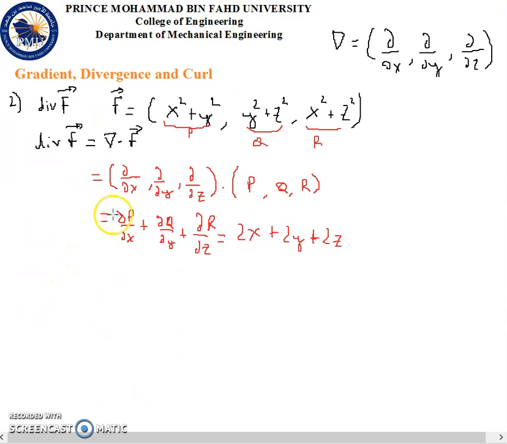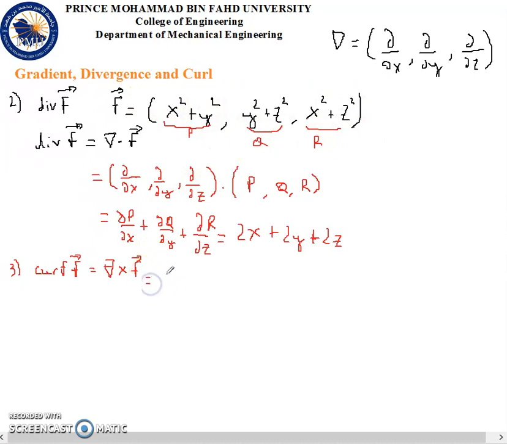Okay, moving now to the curl of this vector f. The curl of vector f is going to be the cross product of nabla and vector f. So we already know that nabla means this quantity over here, and vector f is defined here.